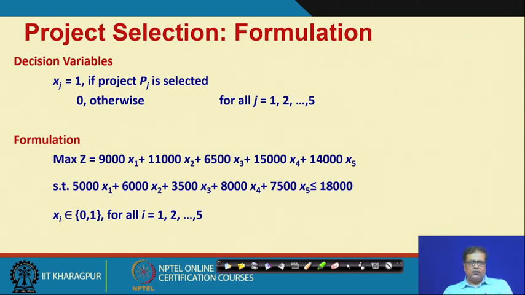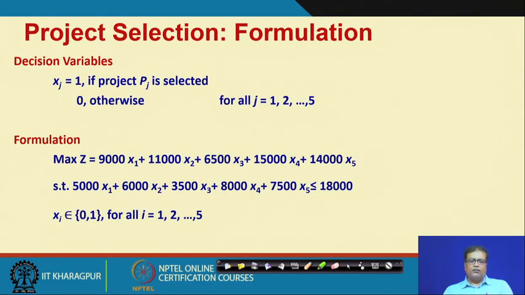That is very simple. This formulation is very similar to the knapsack problem, is it not? In the knapsack problem we maximize the value subject to the individual items, x1 to x5 being their numbers, within the total weight limit. So, this is our project selection formulation.